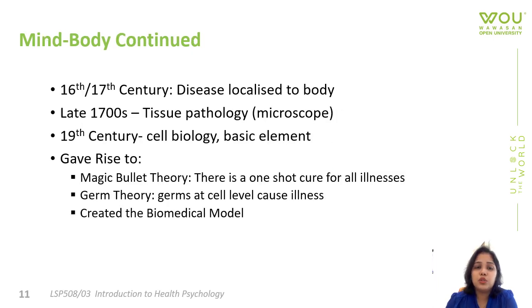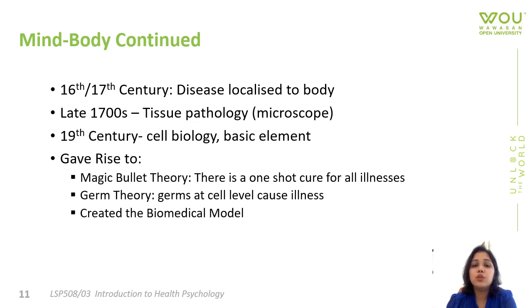It moved mainly to the localization of cells in the body, and then the 17th century focused more on tissue pathology, where studies looked into cells and the effects of multiplication in certain tissues using microscopes. So these laboratory findings were focused on, and then in the 19th century, cell biology became the basic element. And later on, it gave rise to these different theories listed here.